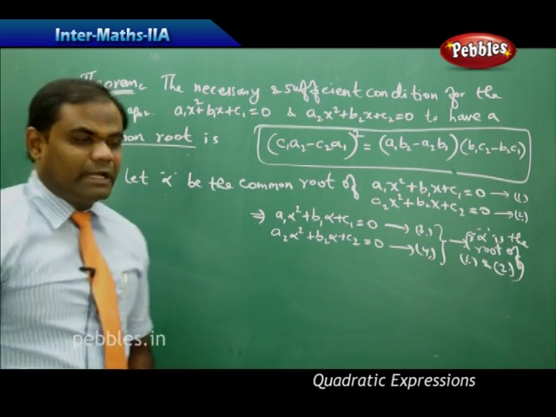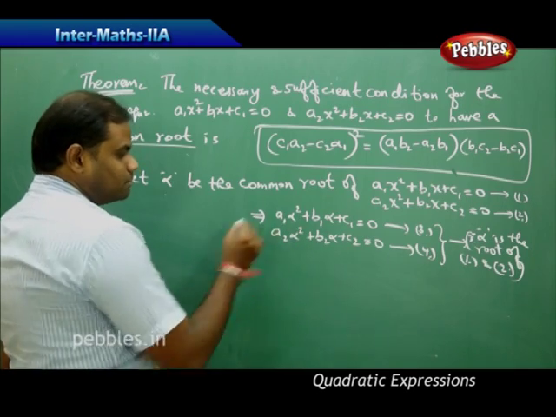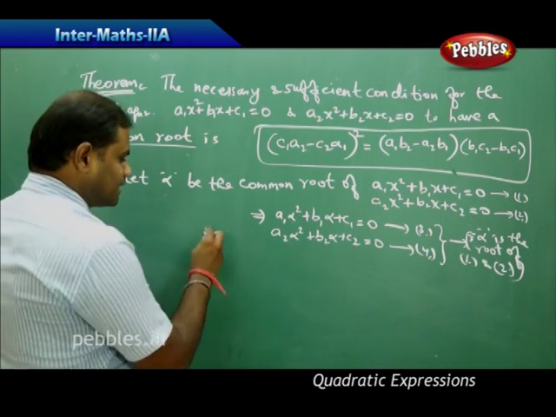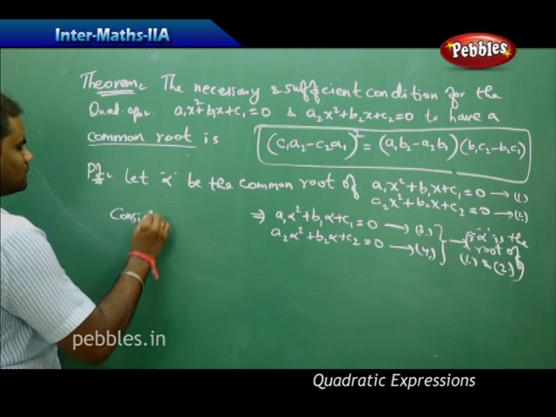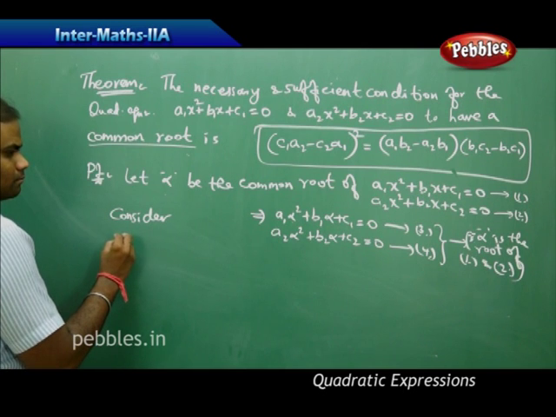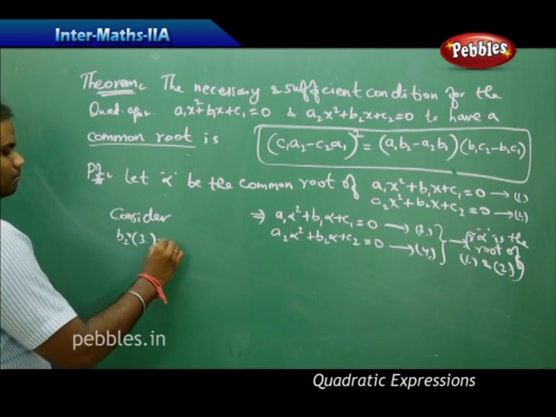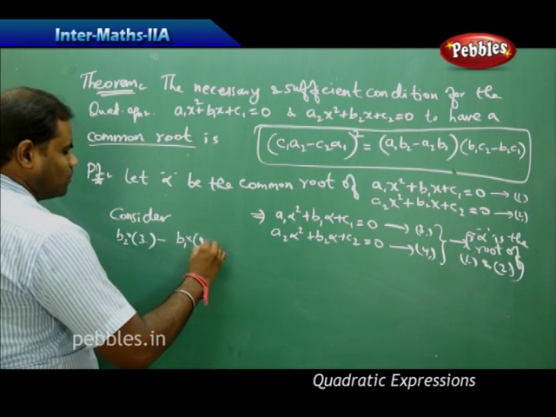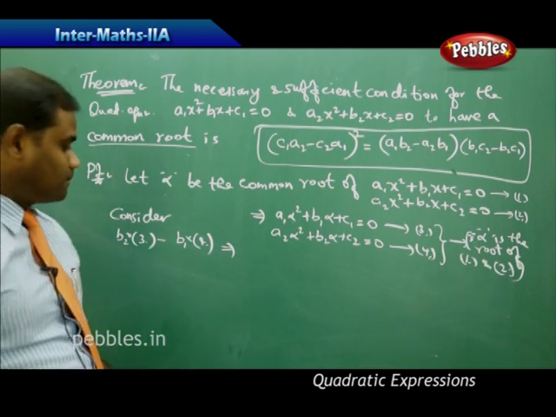Now similarly, let's see what happens when I multiply equation 3 with b2 and equation 4 with b1. That is, I consider b2 times equation 3 minus b1 times equation 4, and then see what exactly the subtraction leads to.